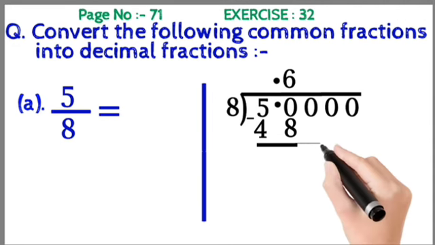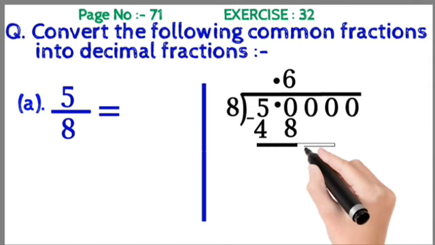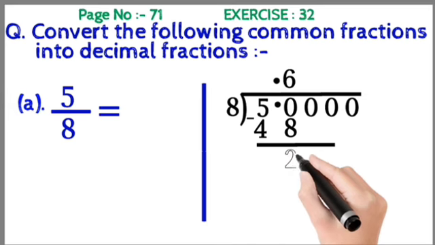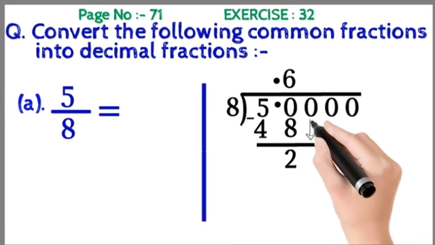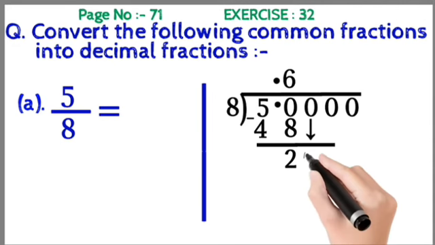Let me draw a little longer line. After subtraction, I get 2. Then I can bring down the next 0. Why did I write 0 there? So that I can bring it down and continue division. If I bring down the 0, it becomes 20.